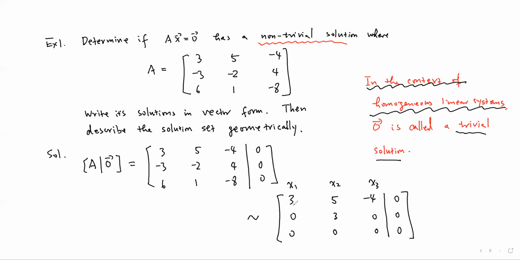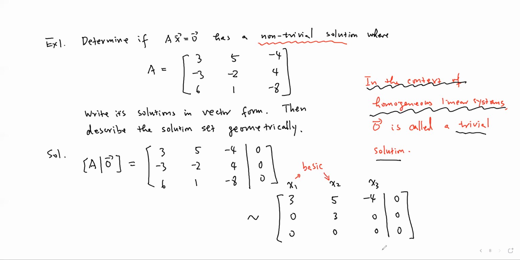The first column contains a pivot entry, number 3, so x1 is a basic variable. The second column contains a pivot entry, also number 3. The 2 position is a pivot position, so x2 is also basic.